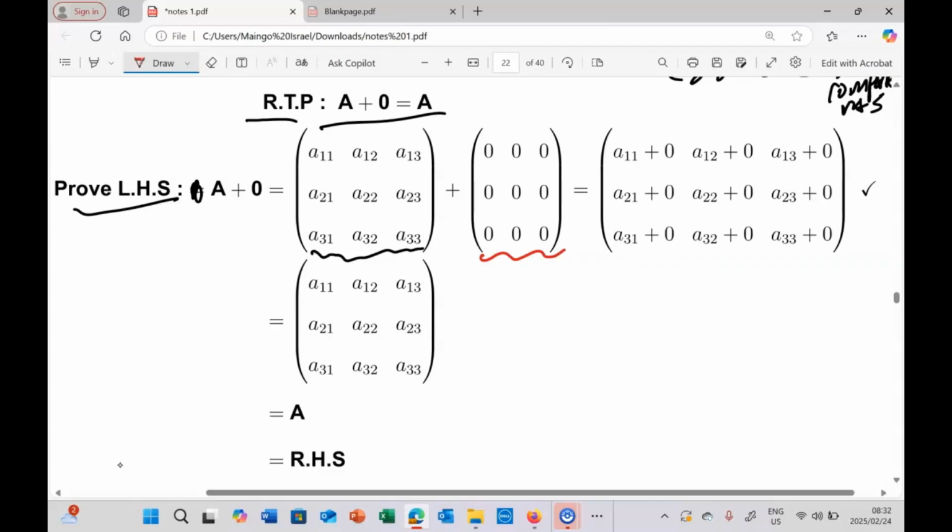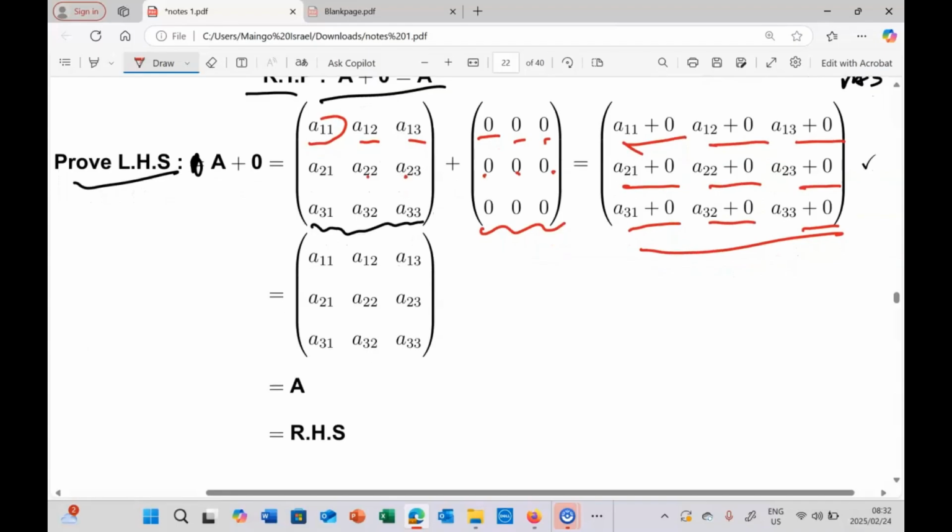We know that we add the corresponding entries, this one plus this one, this one plus this one, this one plus this one. That's what we're having here. We're adding the corresponding entries in each row. Then we get these results.